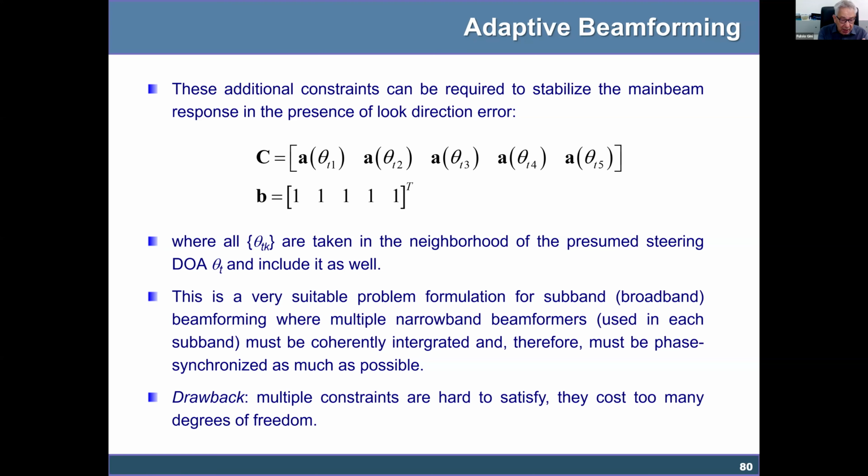Obviously, you lose something in resolution, but you reduce the risk of an error in pointing direction. So you may need to do this to make the beamformer more robust to error in pointing direction.